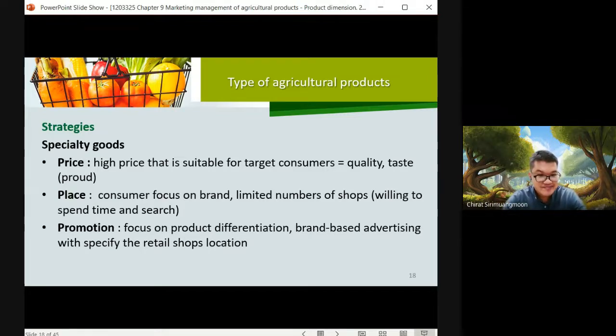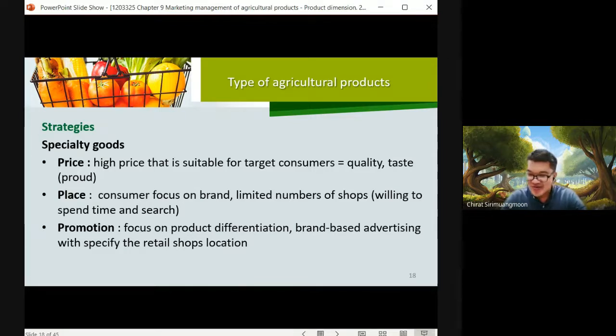Then, because the consumers focus on the brand, you need to limit the shops. Of course, if they are big fans of your product, they will find your product with all effort.